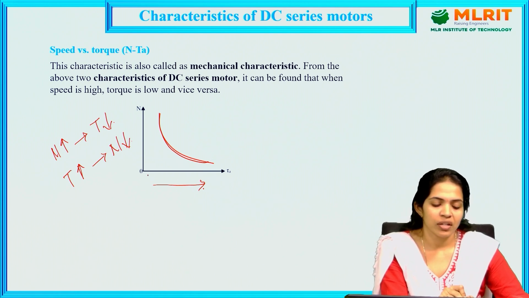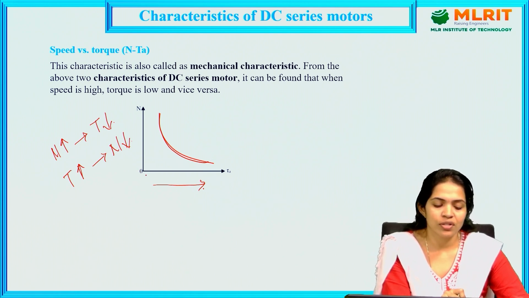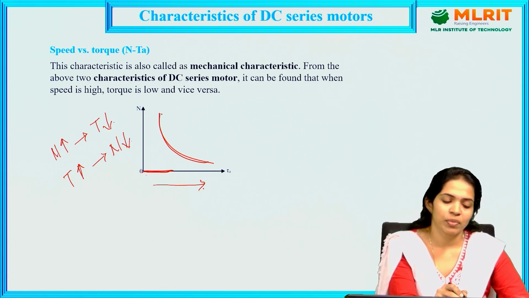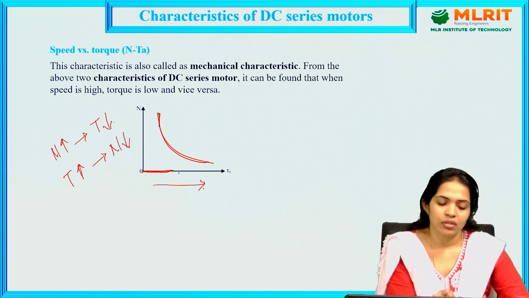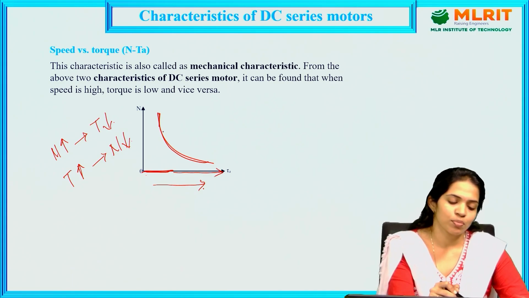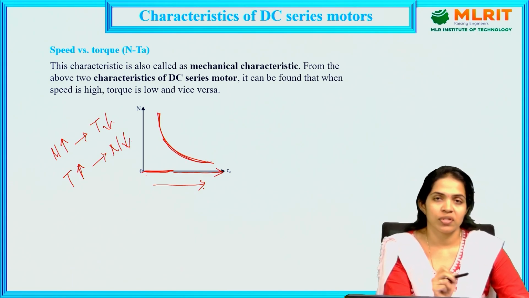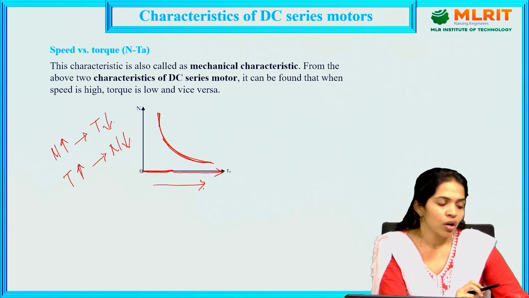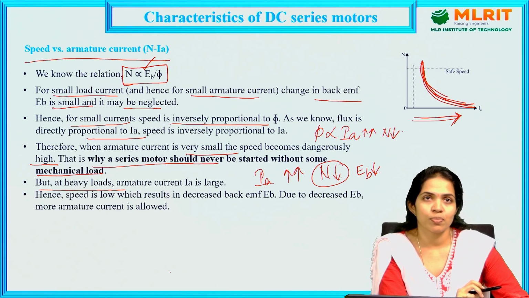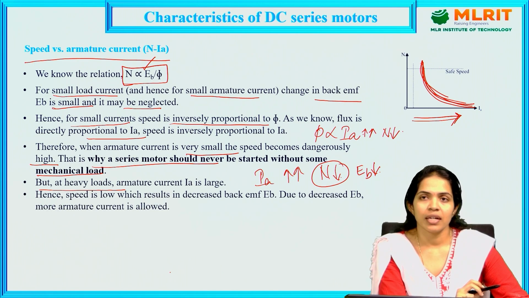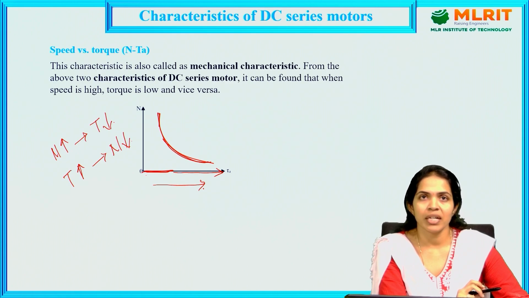Initially, when the torque is low, the speed is high. As we increase the value of torque, the speed slowly drops. This is the speed versus torque characteristic of the DC series motor. So these are the three characteristics of a DC series motor: torque and armature current, speed and armature current, and speed and torque.